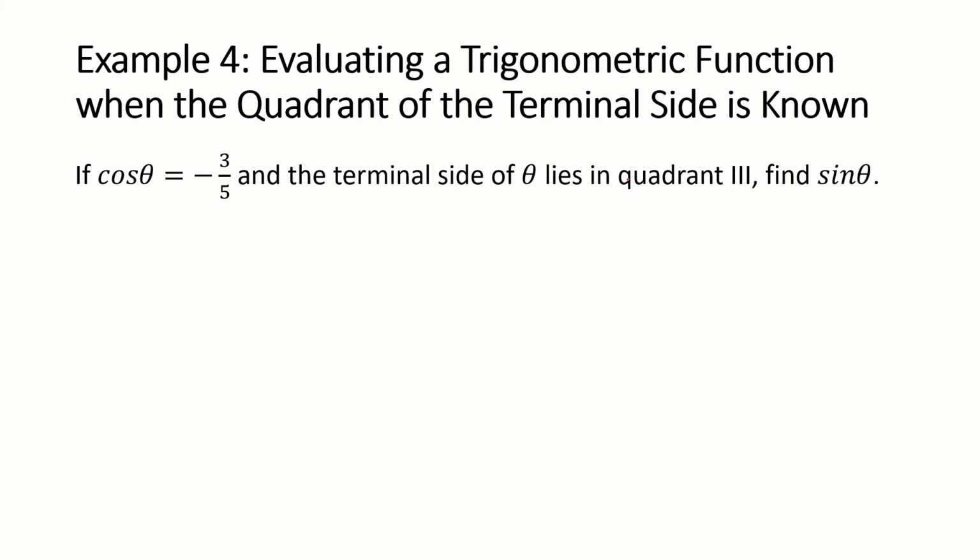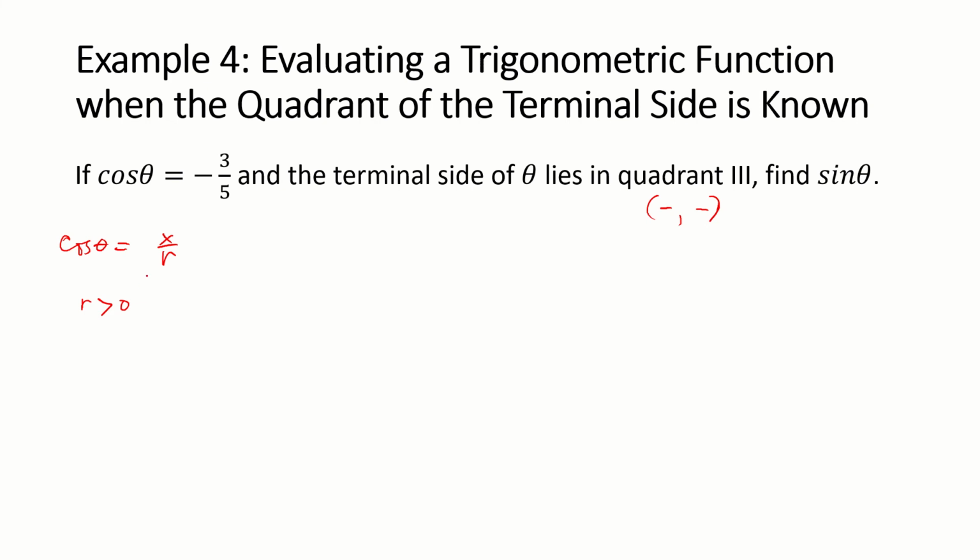So as expected, the signs for quadrant 3 would be negative, negative. If we try to recall, cos theta is just equal to x over r.